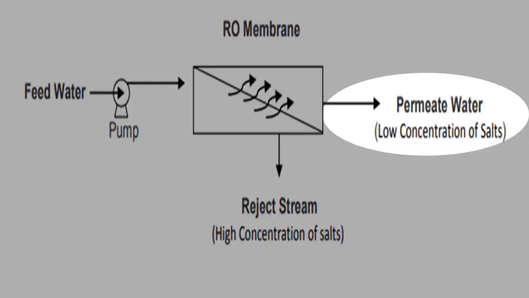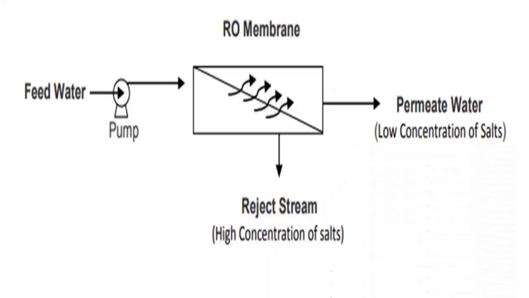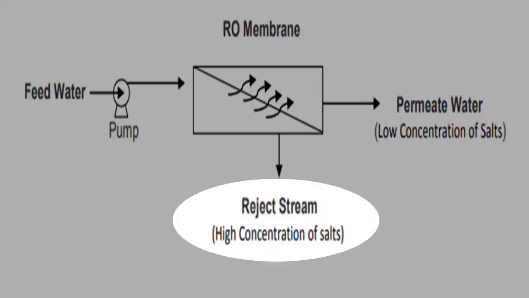The good water which comes out of the reverse osmosis system has very few contaminants, as 95 to 99% of dissolved contaminants are removed. It is called permeate. Another name for permeate is product water. And the bad water contains more contaminants.